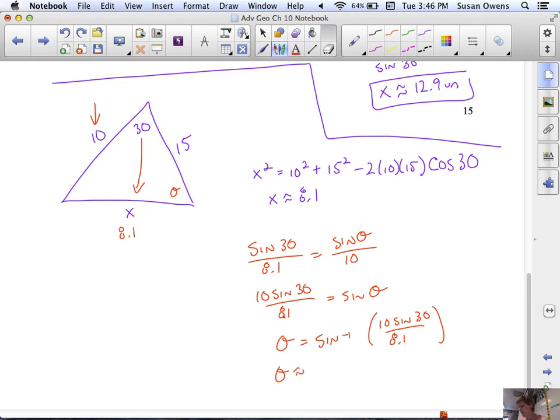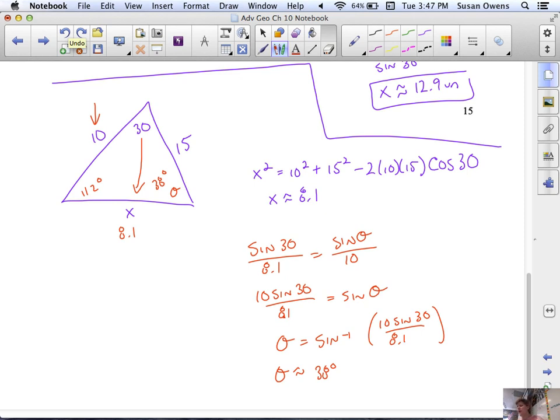I like to round the angles to the nearest degree and the sides to the nearest tenth. So I'll call this 38 degrees. And then if I take 180 and I subtract the 30 and subtract the 38, I get that this is 112 degrees. And then this thing is solved.